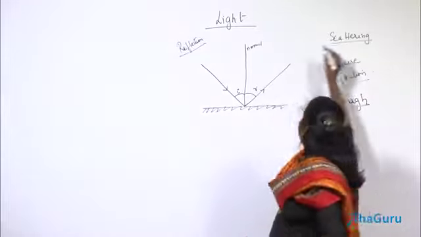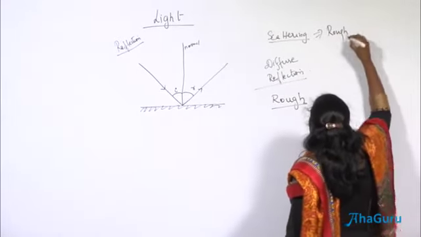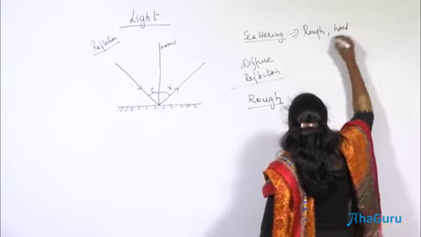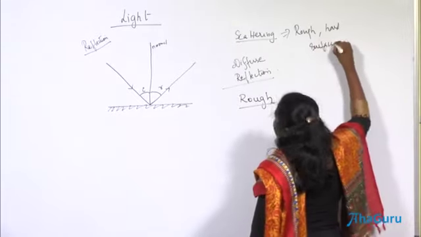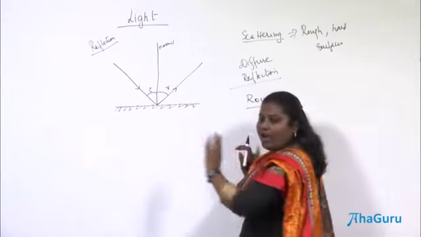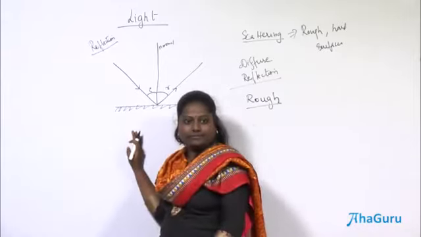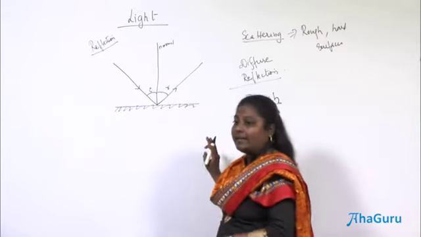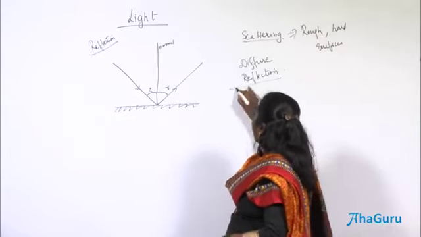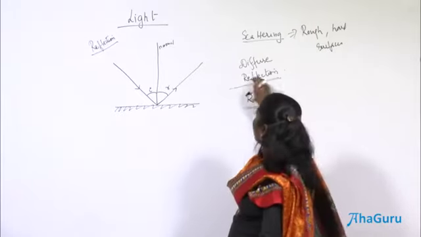So all rough, hard surfaces do scattering. Smooth and polished surfaces, though not exactly like a mirror, do scattering and also reflection, but it won't be the same as a mirror's. It is called diffuse reflection.